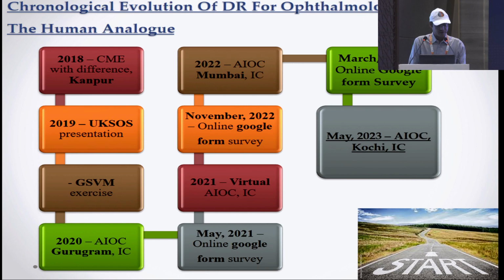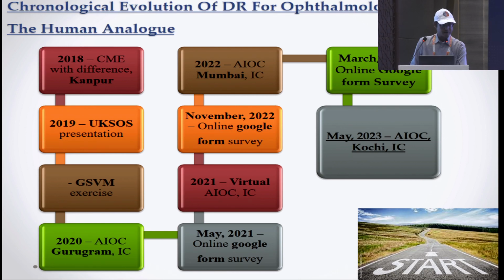After that, it was presented for the first time at the state level in the Uttarakhand State Ophthalmic Society. After that, a short exercise was conducted among the postgraduate students of GSVM Medical College Kanpur.